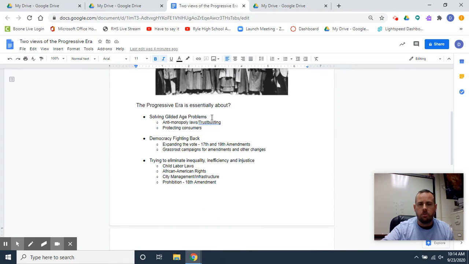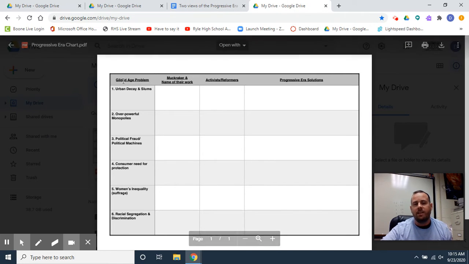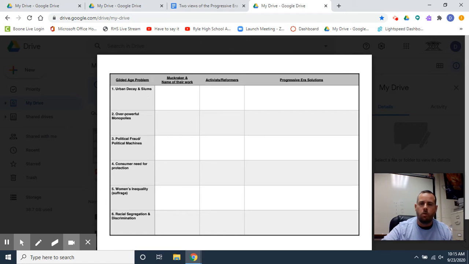Real quick, let's go through these. Solving Gilded Age problems. The Gilded Age, for all of its good things, also left behind several problems. I've got a chart right here that lists out some Gilded Age problems. We will come back to this probably in my last lecture on the progressives, and we'll talk about what really worked or didn't work.